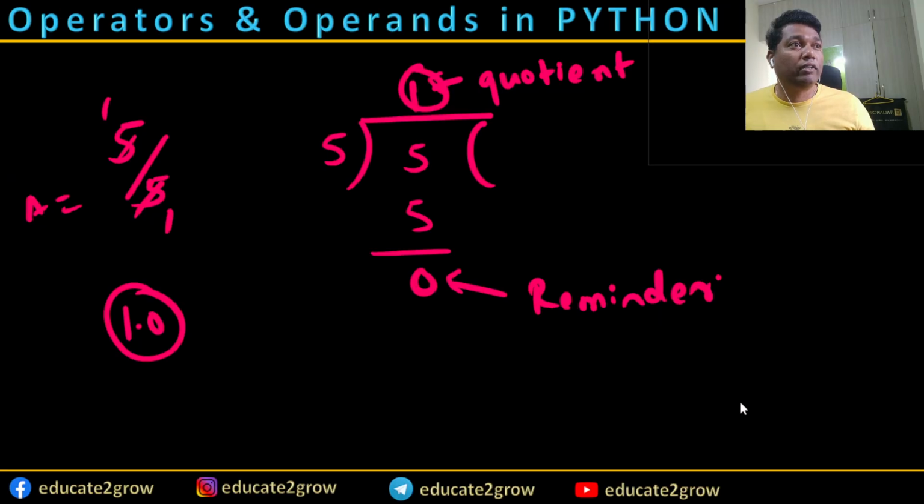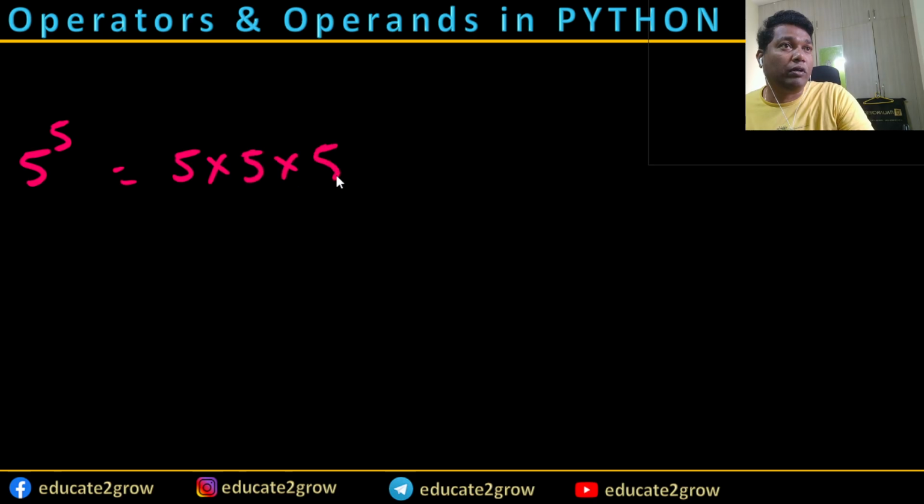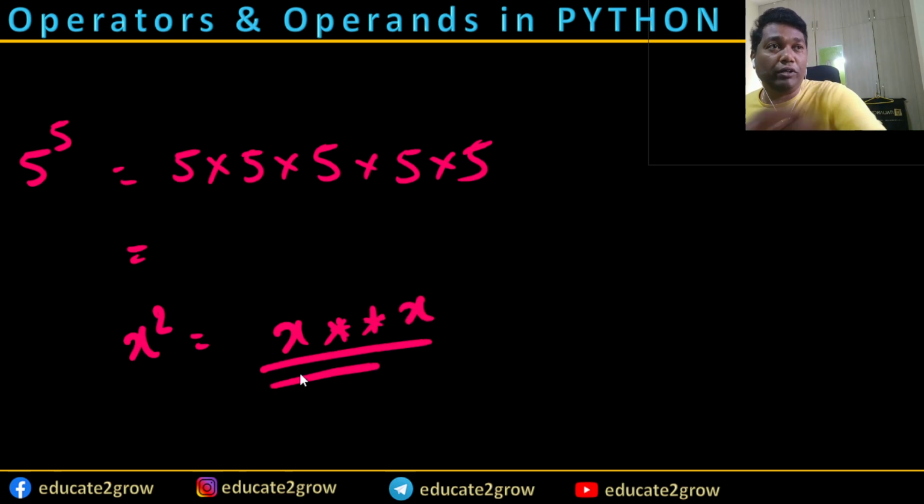Let me show you once again. 5 to the power of 5 equals 5 into 5 into 5, five times we need to multiply, so we get the answer here. Anything x to the power of 2, you write it like this. This is the expression we need to write here.